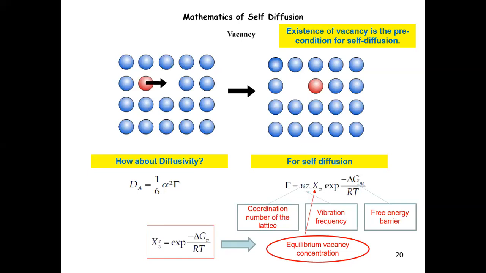But how about entropy? If I introduce a vacancy, do I introduce entropy? It's increased, right? Because if you have a perfect crystal, how many configurations do I have? One, right? We do not consider vibration, just look at the atomic configuration. You have just one because it's a perfect crystal.